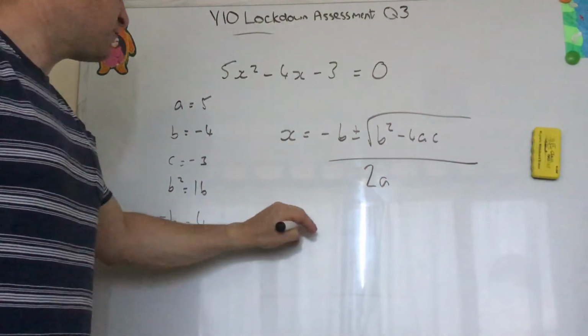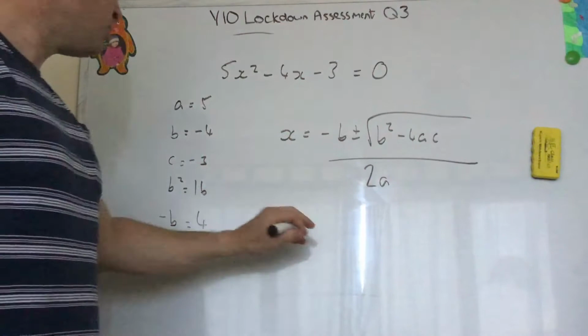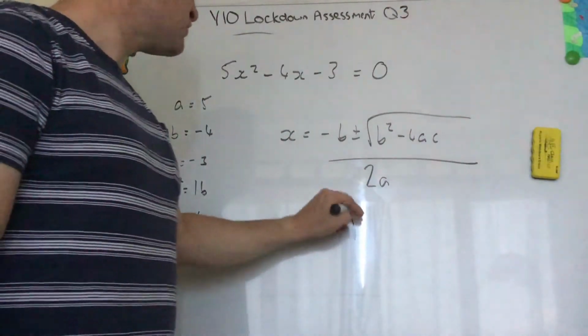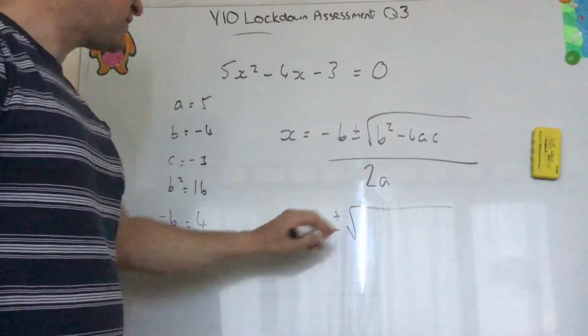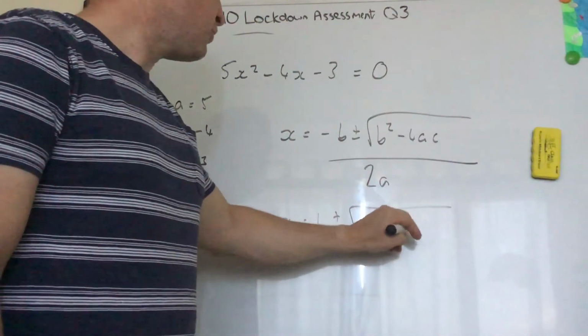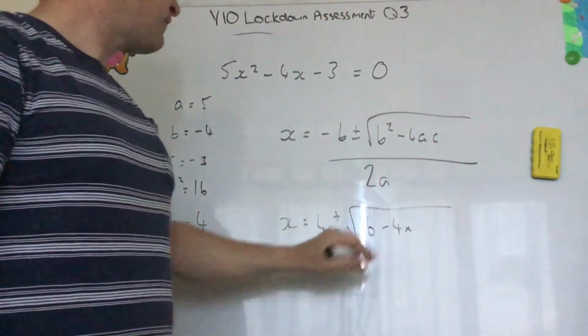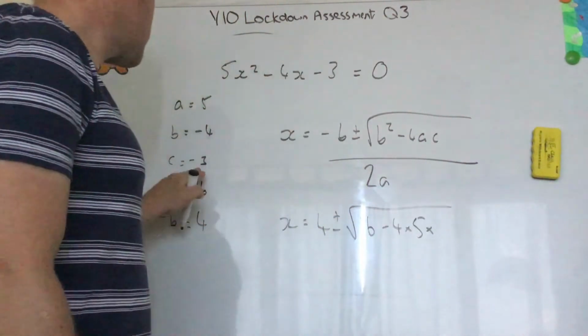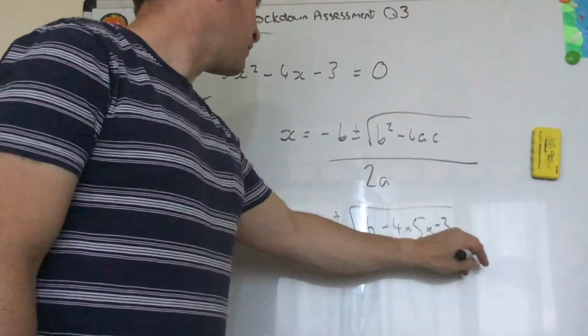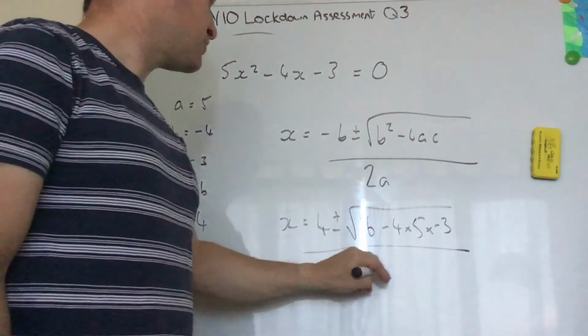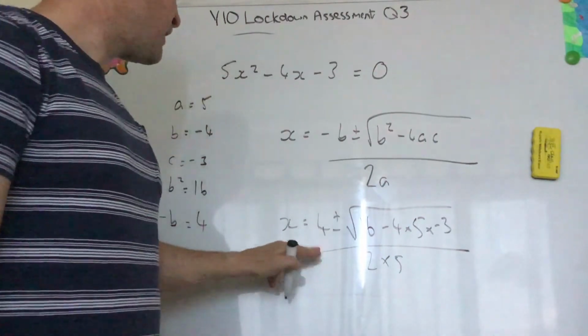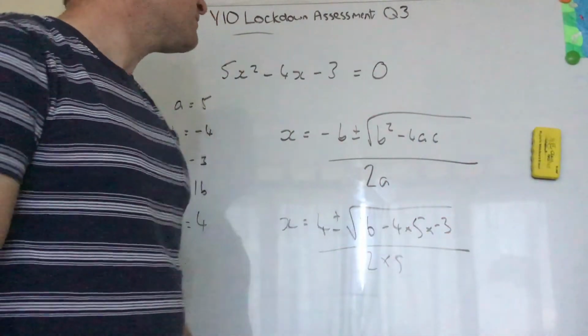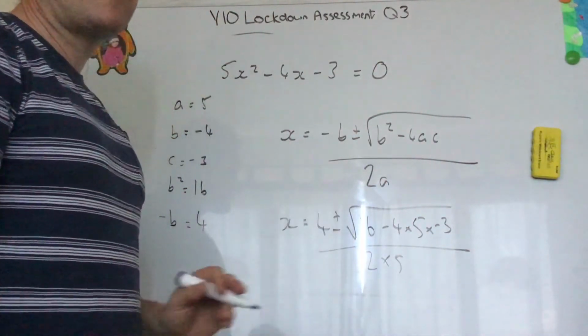So now when you plug it into the formula, we get x equals 4 plus or minus the square root of b squared, 16, minus 4 times 5 times c is minus 3, all over 2a, 2 times 5. Make sure your line goes under everything from the 4 to the end. Okay, and you picked up the method mark for working out there.